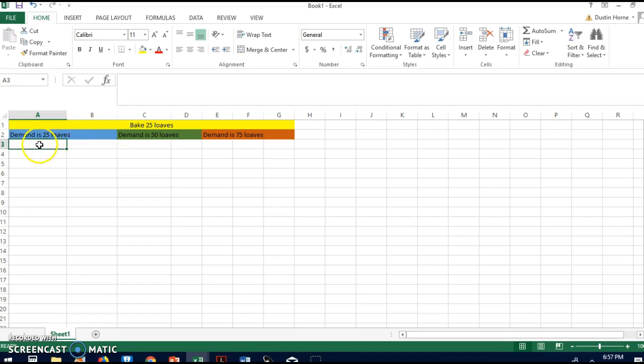Remember, the cost of the bread is $2, and what I'm selling it for is $6, then I am making $4 of profit per loaf of bread.